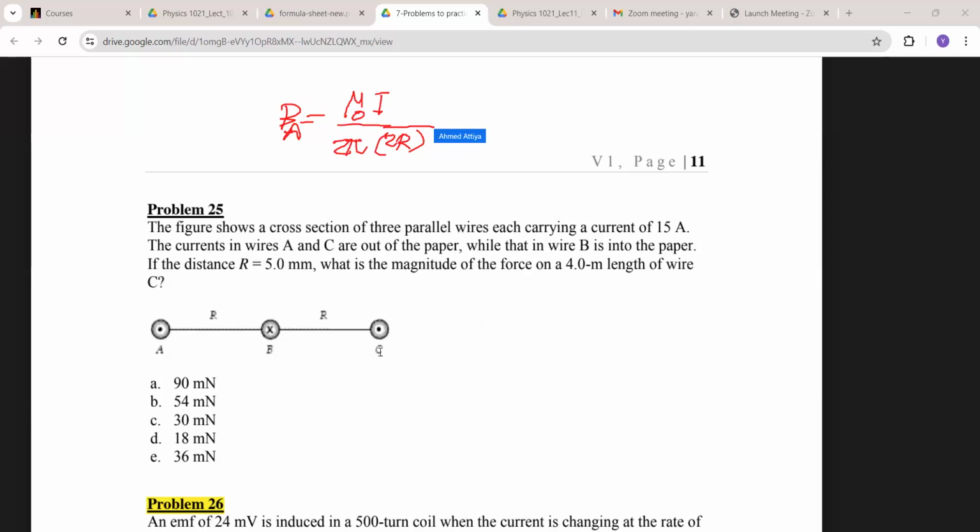Right? Yes. And its direction. This is BA. And BB is mu naught I over 2 pi multiplied by R. And its direction is downward.